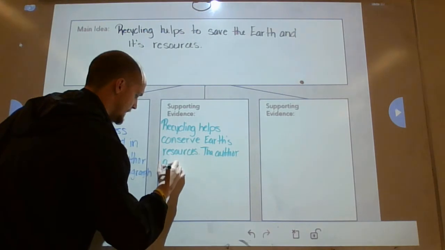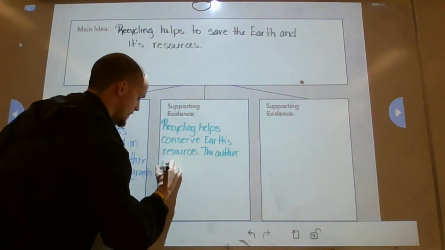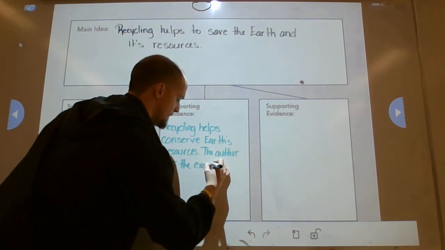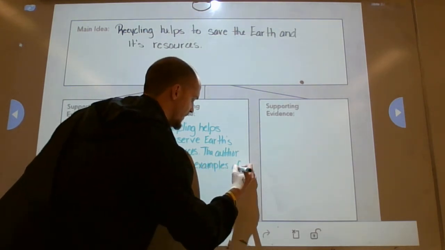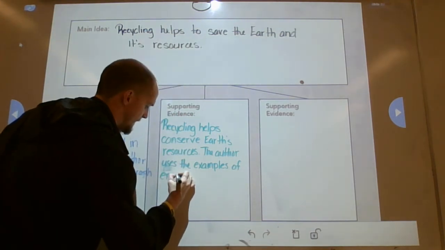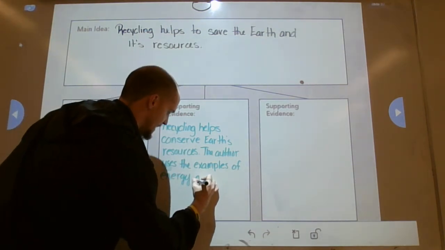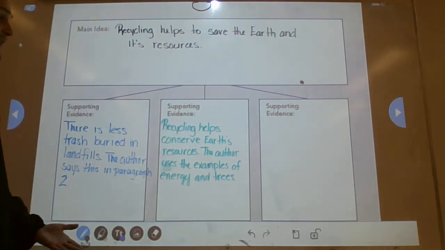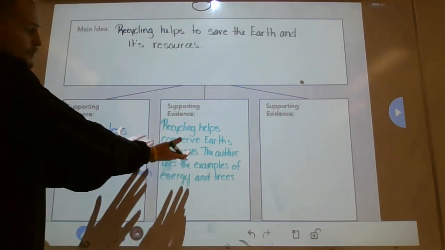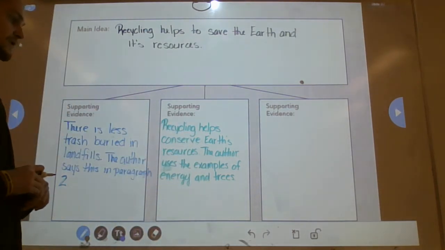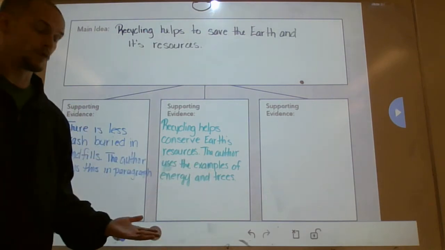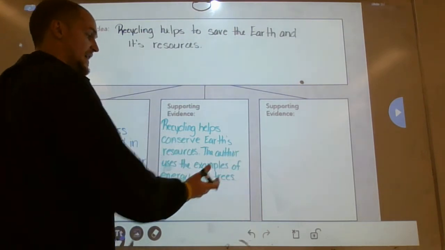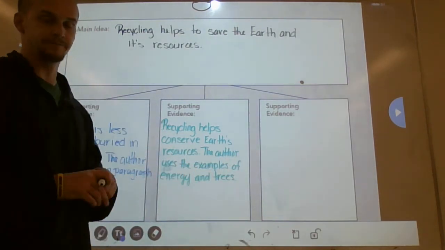The author uses the examples of energy and trees. Okay? So again, we found another example of how recycling conserves the earth's resources. And the examples are energy and trees. So we've given our supporting evidence and our textual evidence all right there.